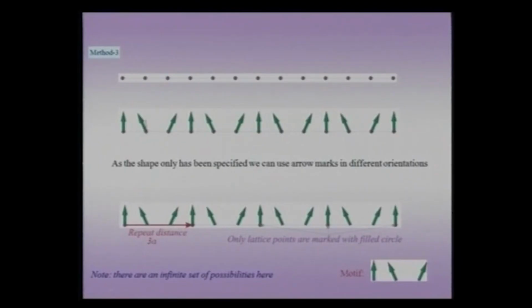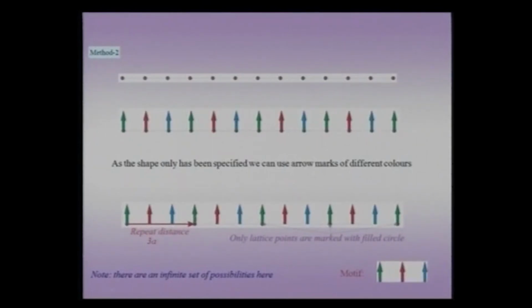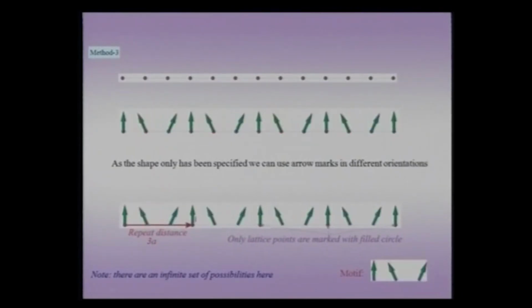I could have in fact chosen 2 up and 1 down, or 2 oriented like this. So like in the previous example, where I could play with various kinds of colors and I would actually have an infinite set even in this subset, similarly, by playing with orientations here, I can have an infinite set of ways merely based on the kind of orientations I can explore, and therefore I can make an infinite number of crystals based on the orientation.